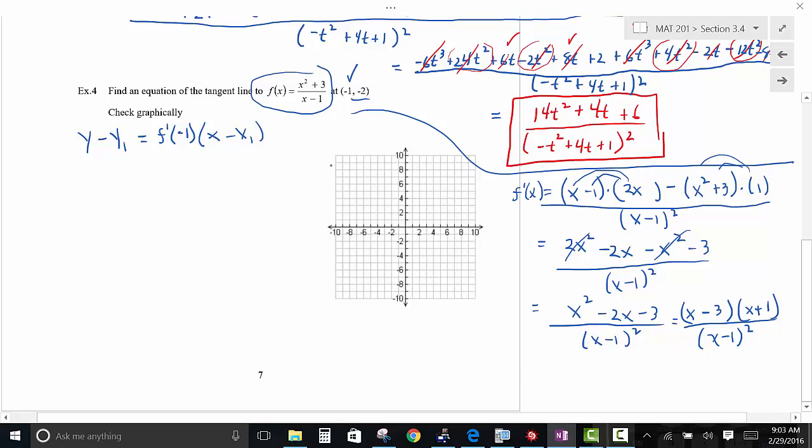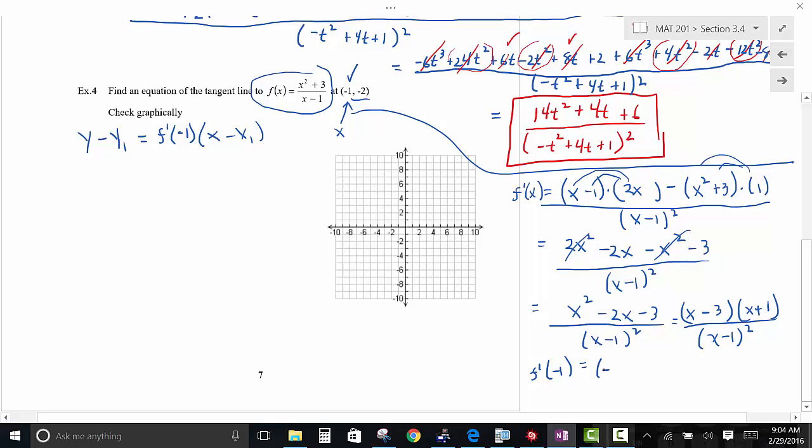Now, we're interested in this point right here. So x is negative 1. So now you need to plug negative 1 into this to find the slope of the tangent line. The quotient rule gave us the derivative. So now we're going to do f prime of negative 1. Let's just plug it into the factored form, or it's up to you which form you plug it into. It doesn't matter.